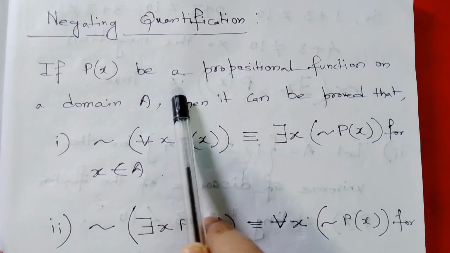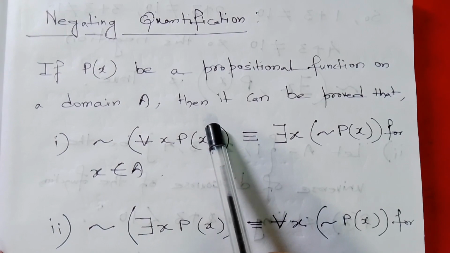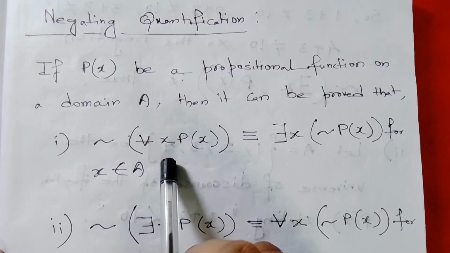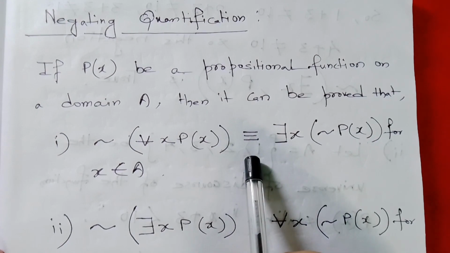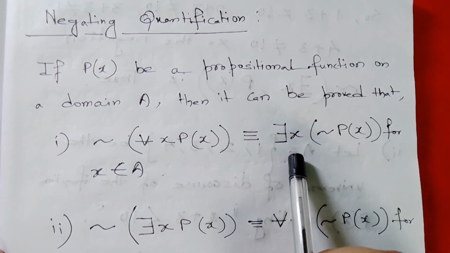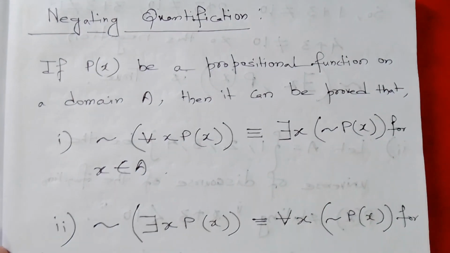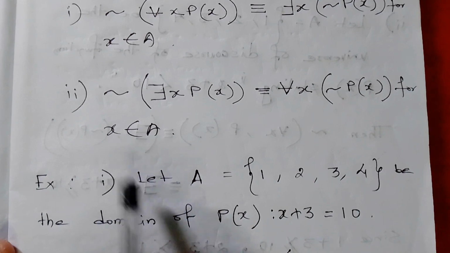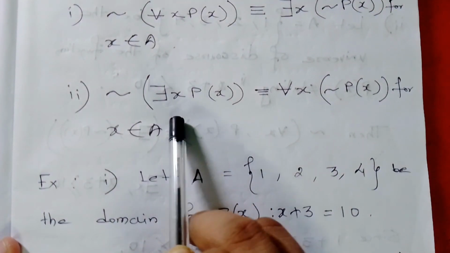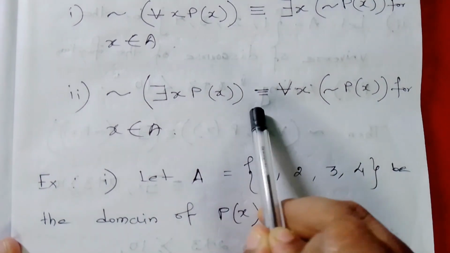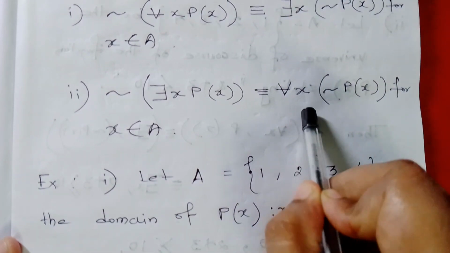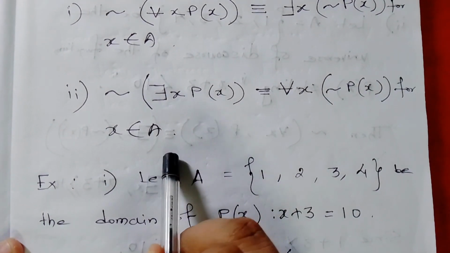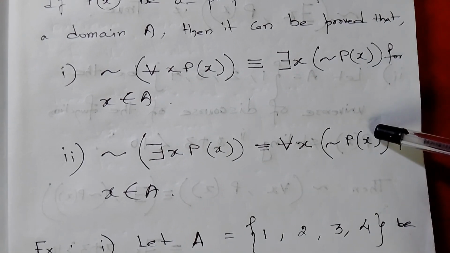If P(x) is a propositional function on a domain A, then it can be proved that the negation of the universal quantification of P(x) has logical equivalence with the existential quantification x of negation of P(x), for x belonging to domain A. The second condition is that the negation of the existential quantification of P(x) has logical equivalence with the universal quantification x of negation of P(x), for x belonging to domain A. These two are the conditions for negating quantification.